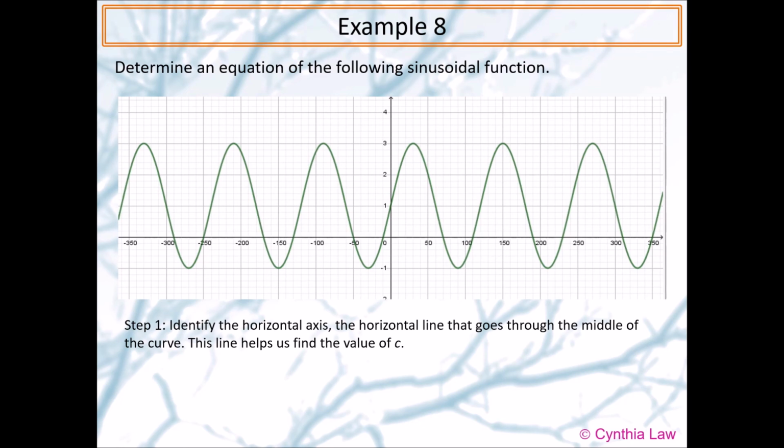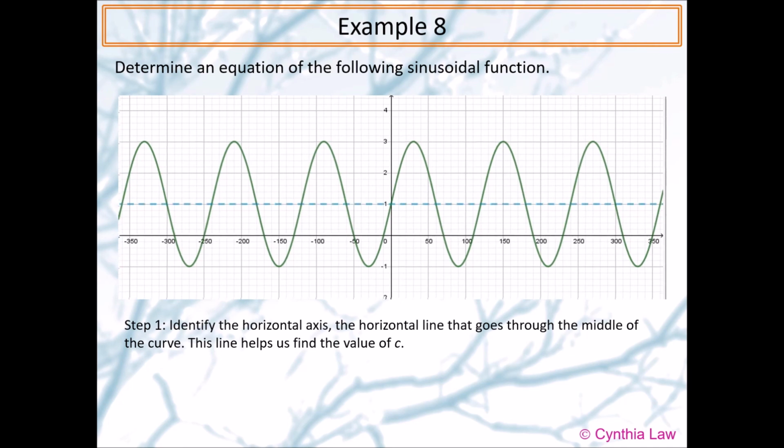First, we draw this line on the picture. It goes through the middle of the graph. So we take the maximum point and the minimum point and find the middle of it. The equation of the horizontal axis is y = 1, and therefore the value of c is 1.